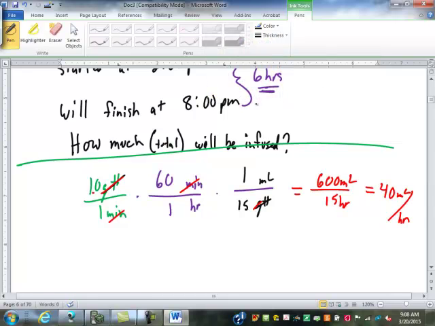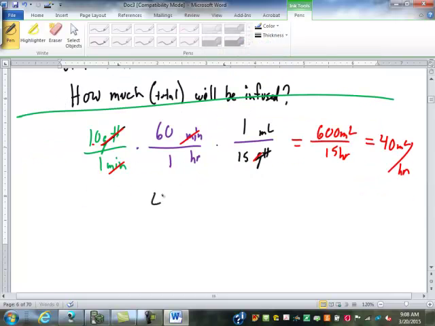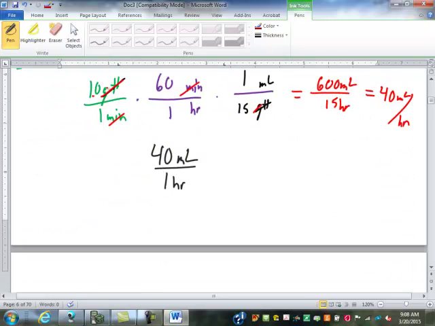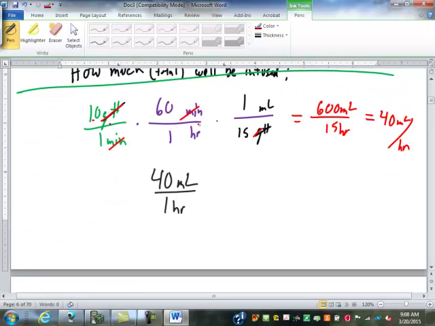From there, 40 milliliters per 1 hour, we were asking how much over 6 hours. This is one spot where we have no choice but to go back to a proportion. Up here we were changing the units at every step.